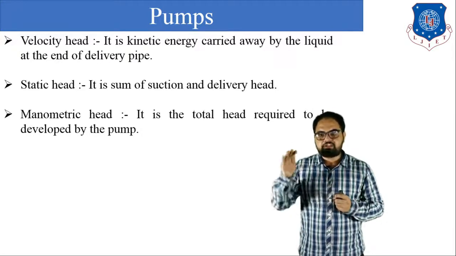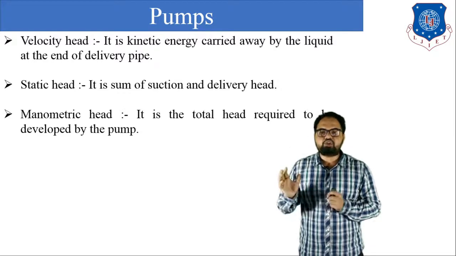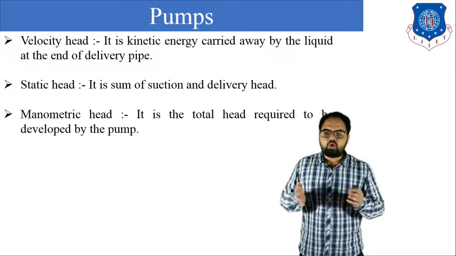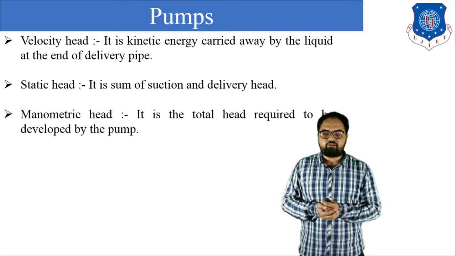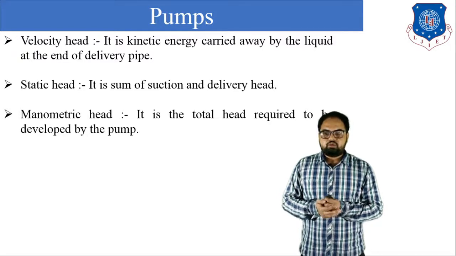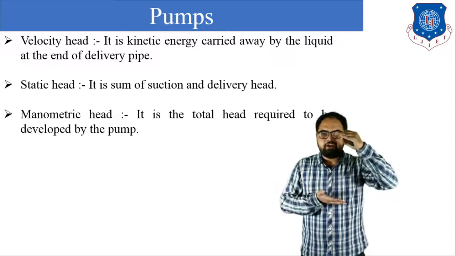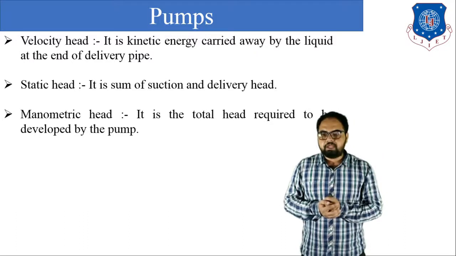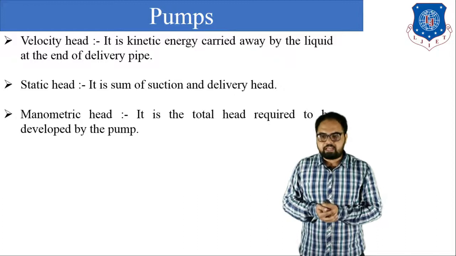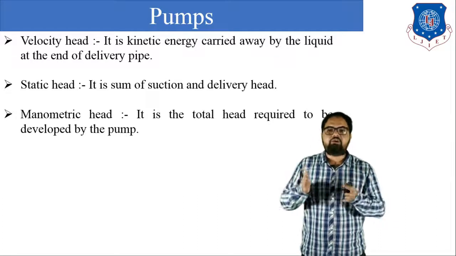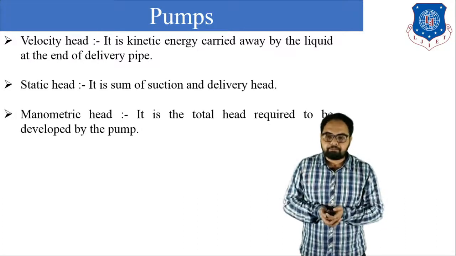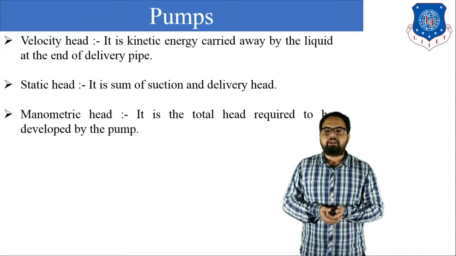Whenever the pipe takes a turn, shock losses are generated. All these losses we must consider for designing the pump. After considering all the losses, the final head developed by the pump is known as manometric head. It is the total head requirement to be developed by the pump.